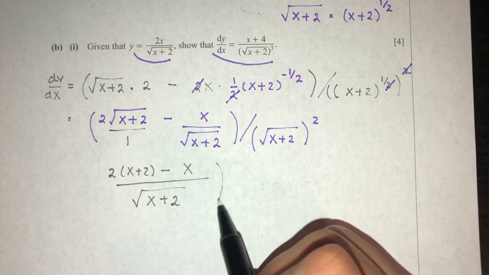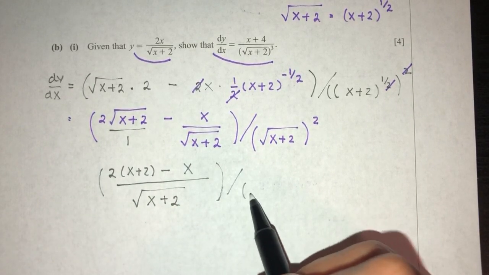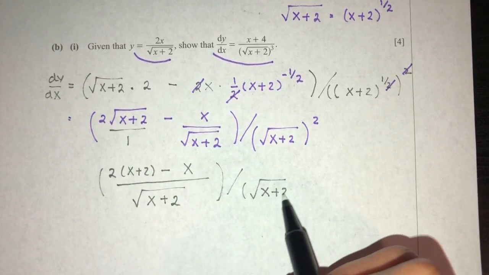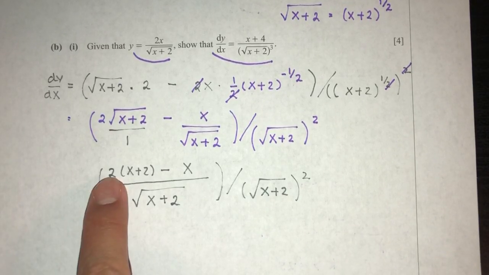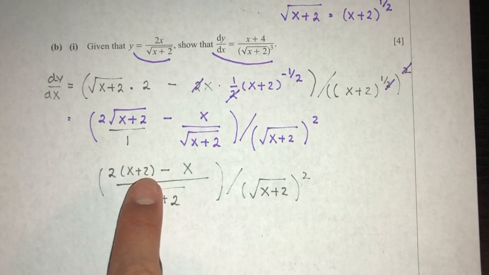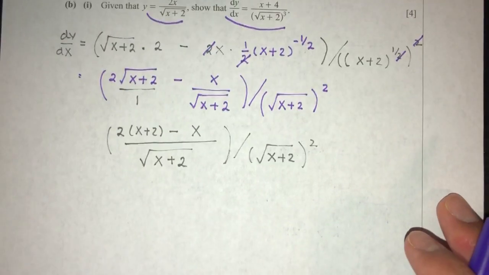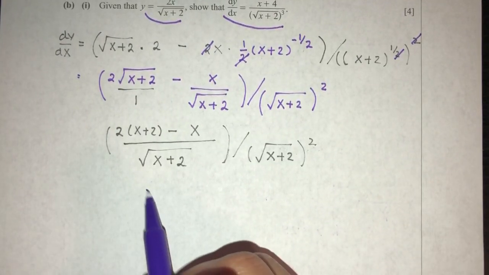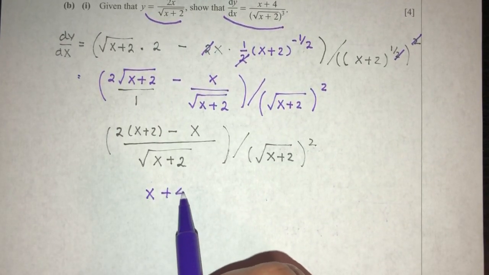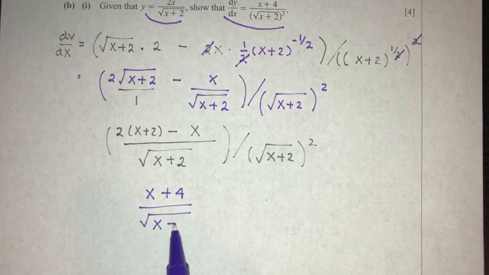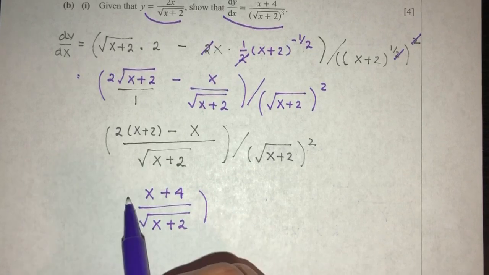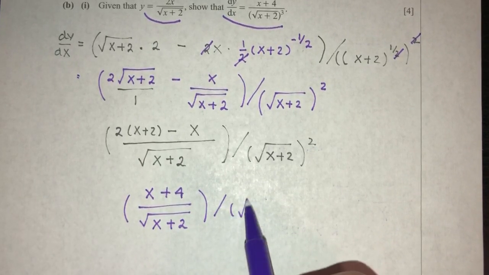So everything again over this square. Now simplify. We have 2x plus 4 minus x, that will become 2x minus x will be x, and plus 4, and that will be over this and this.